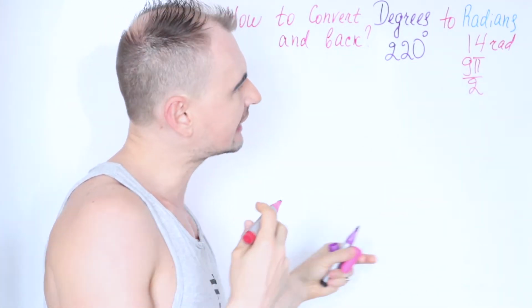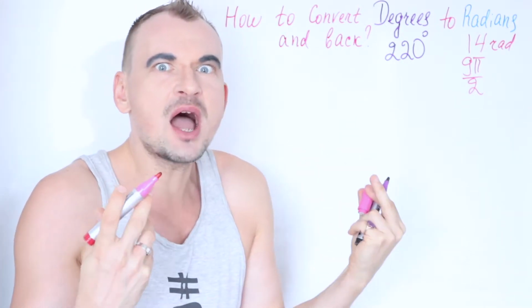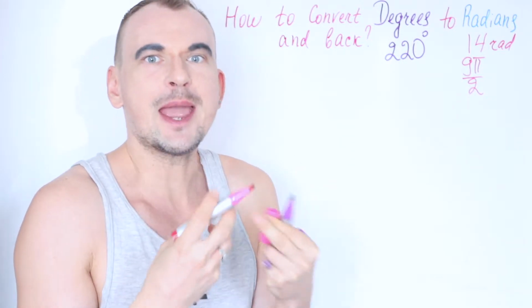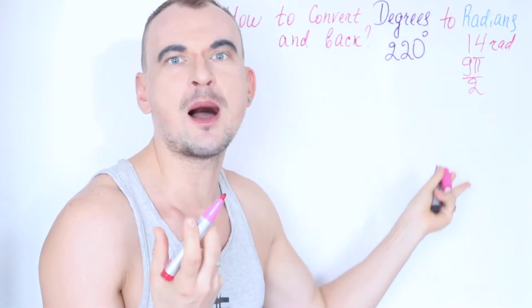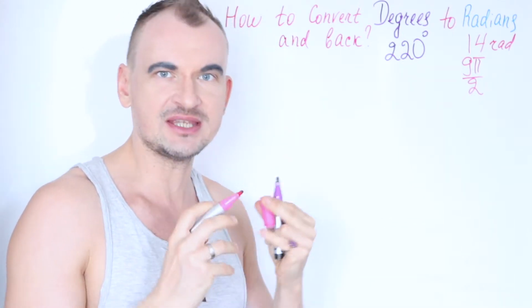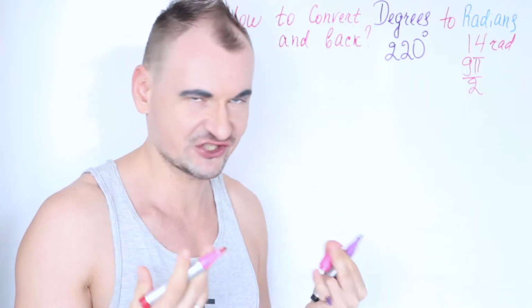So it's something like 9 pi over 2, 3 pi over 2, 6 pi or whatever. When you see this pi appear in your number, you would definitely say that you are given radians.